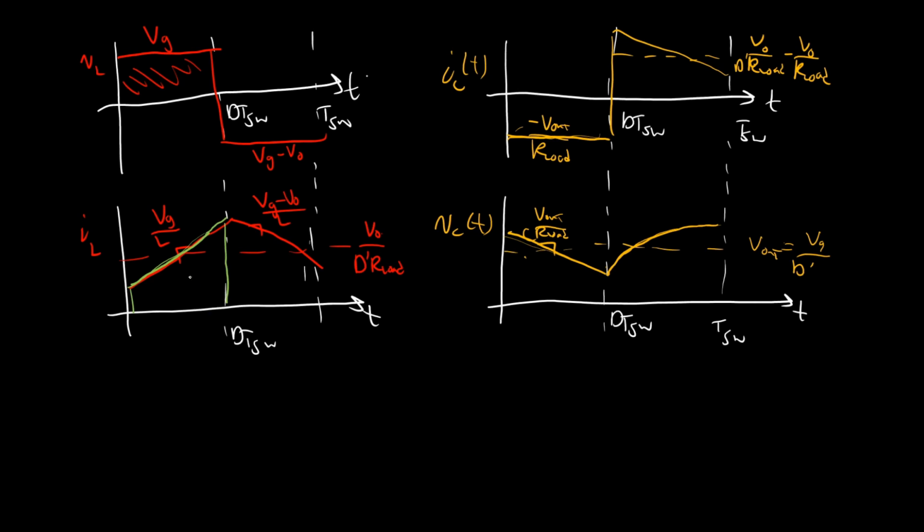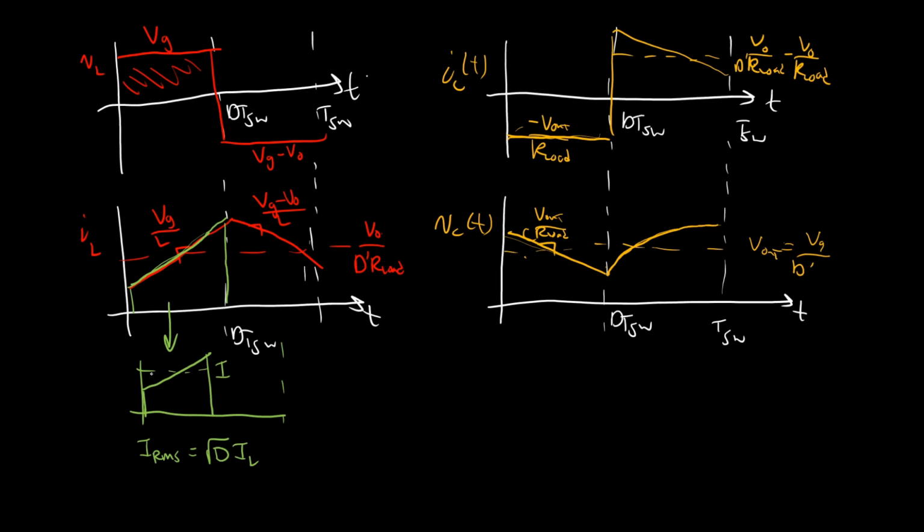Cool, so if we ignore the ripple, which we maybe shouldn't, but just for convenience, I will ignore the ripple here. The RMS of this weird trapezoid waveform over this switching period is equal to root D times the average.